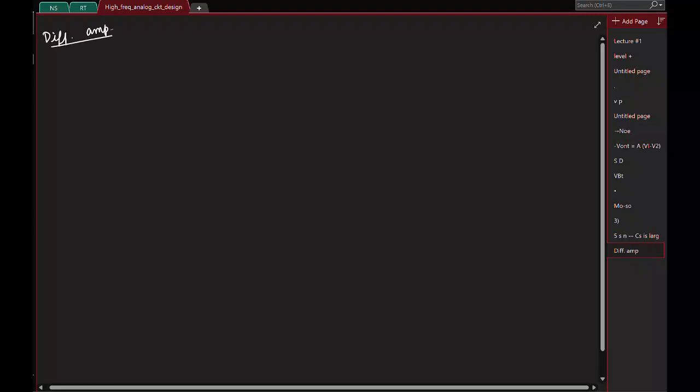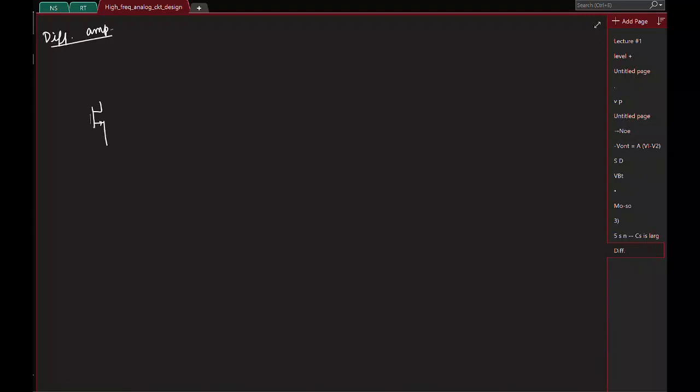So I'll redraw the circuit here. So here I have V1, here I have V2, V0, RD and RD, and let's say I take the output here, it doesn't matter.